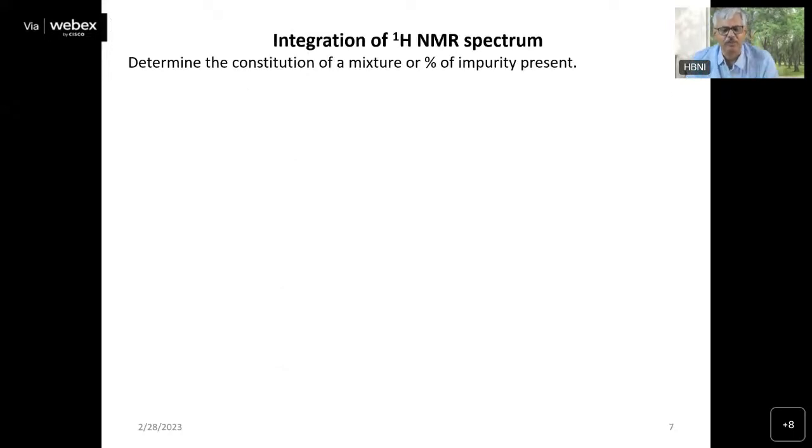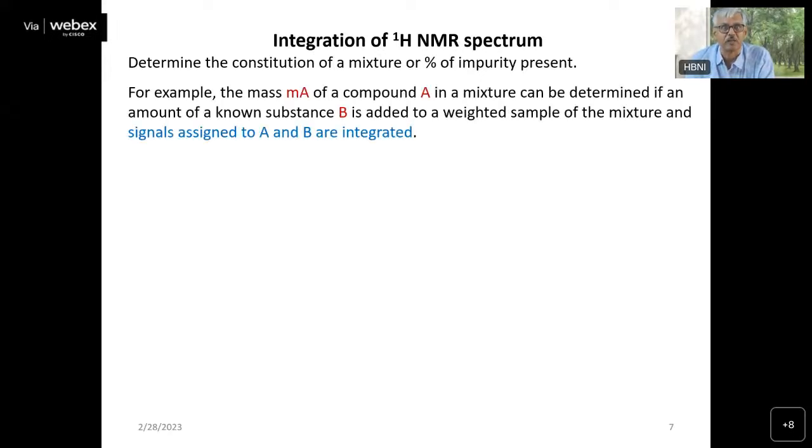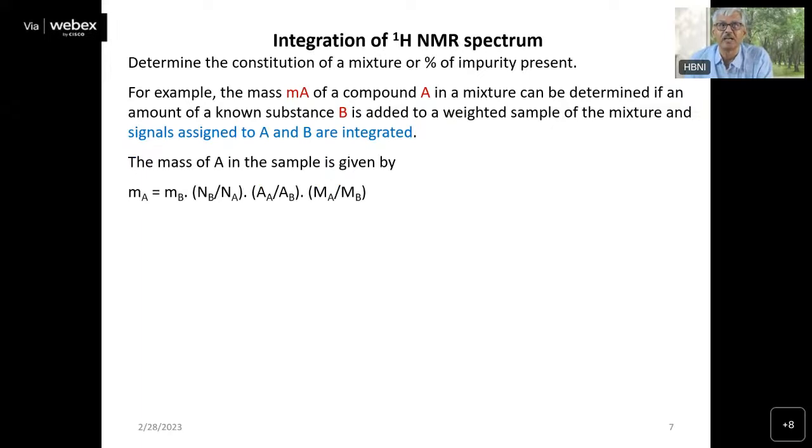So this integration is actually very useful. You can determine the constitution of a mixture or the percentage of impurity present in a sample. For example, the mass Ma of a compound A in a mixture can be determined if we add a known substance B to a weighed sample of the mixture, and the signals assigned to A and B are integrated.